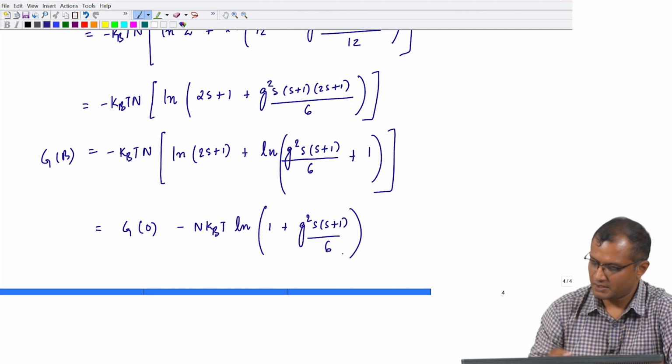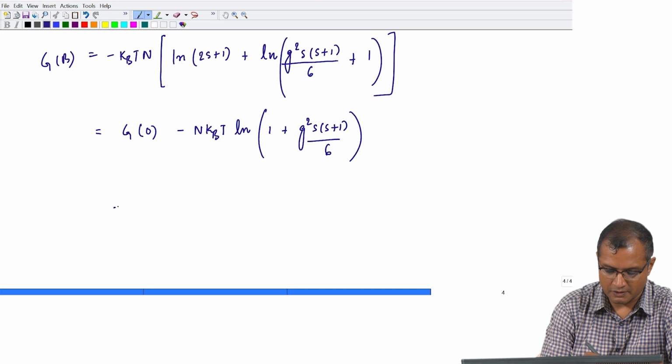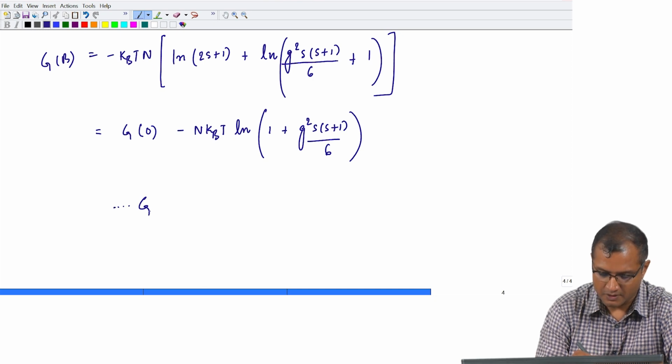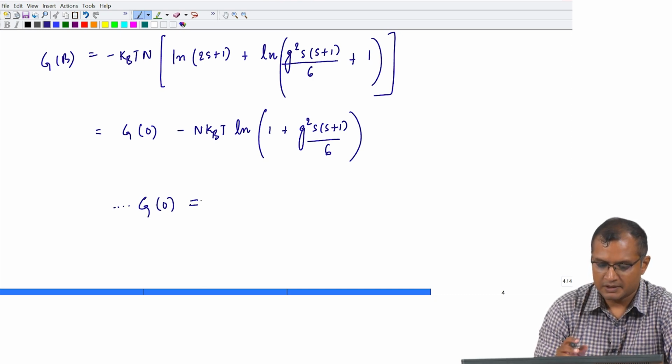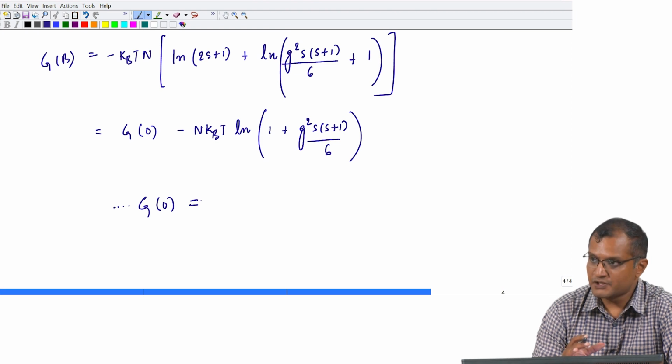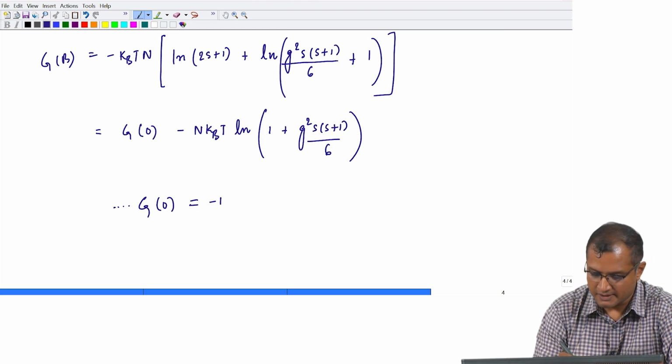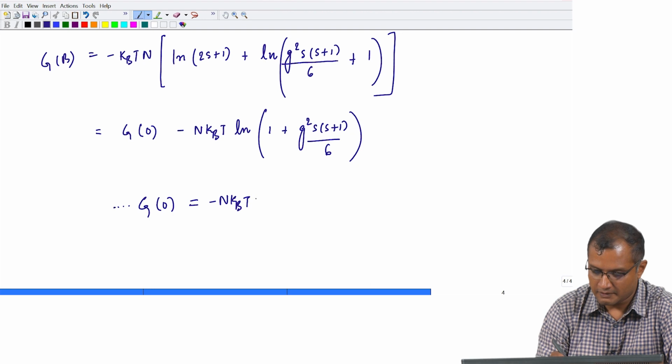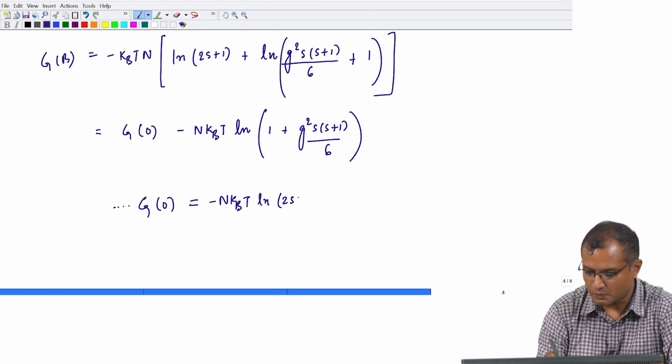Is that okay? Where I have just used this nomenclature that the free energy at 0 field would be just minus n kBT ln of 2s plus 1.